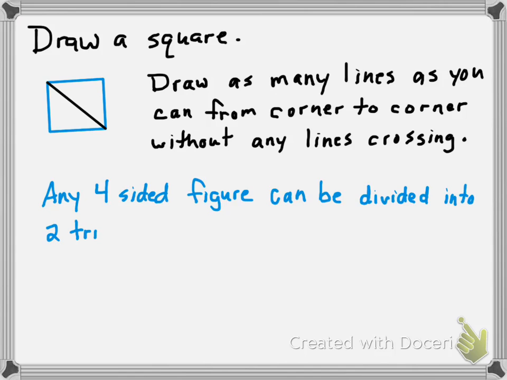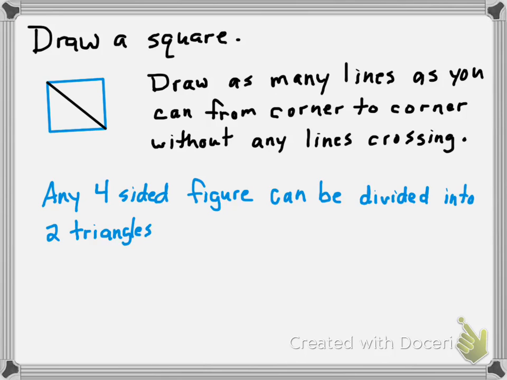And any four-sided figure can be divided into two triangles. Now that's not just a square. That's not just a rectangle. That's anything that has four sides. If it's got four sides, you can draw from one corner to the opposite corner and cut it into two triangles, no matter how weird the shape happens to be.